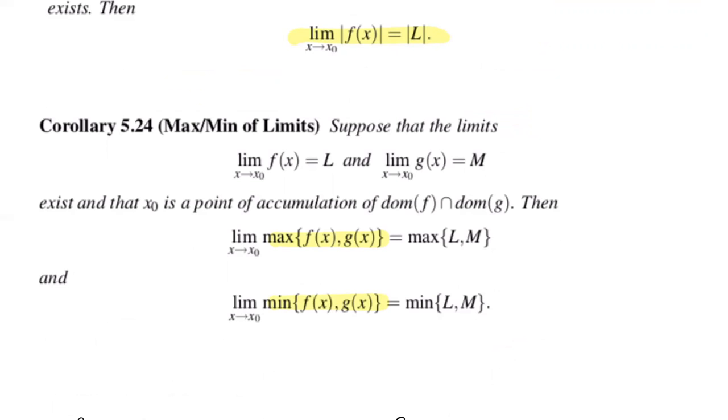The maximum of two real numbers is their arithmetic average plus half their difference in absolute value, and so on. So you can express the min and the max in terms of absolute values. You can combine that, or just go back and use the min-max theorem for sequences. You don't even have to recapitulate all of that stuff.